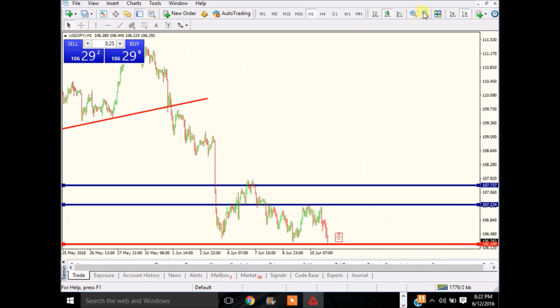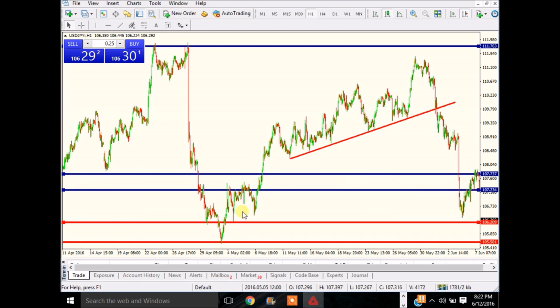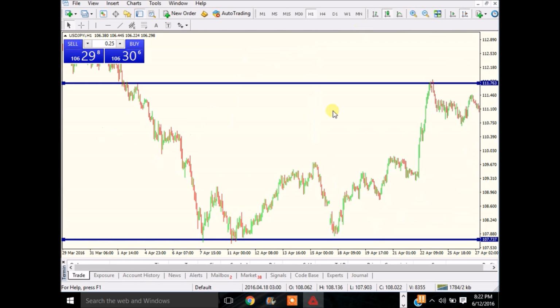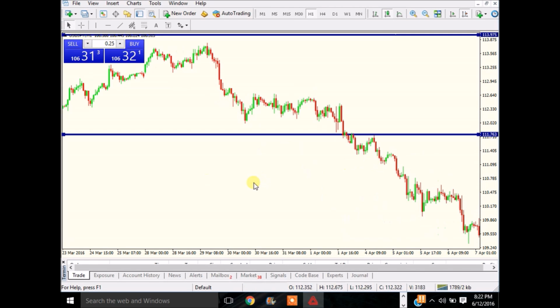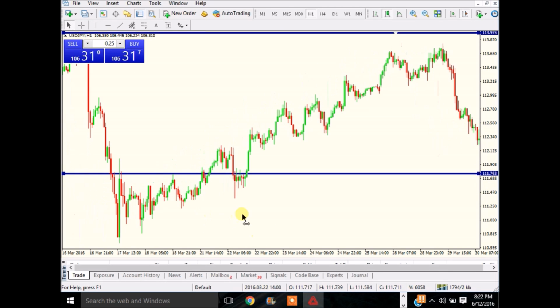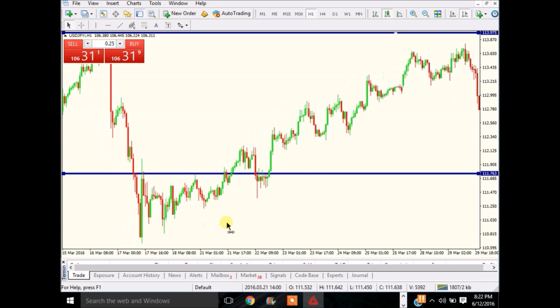Long candles break support and resistance. They also break trend lines. Another example. You guys see it broke it right there. What is that? A long candle, right?